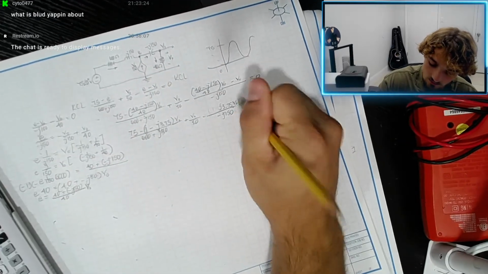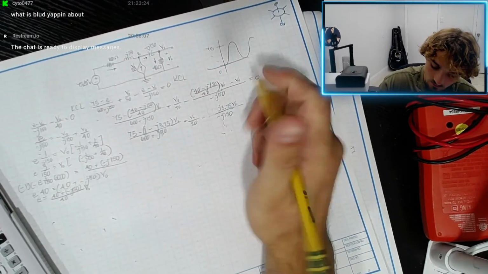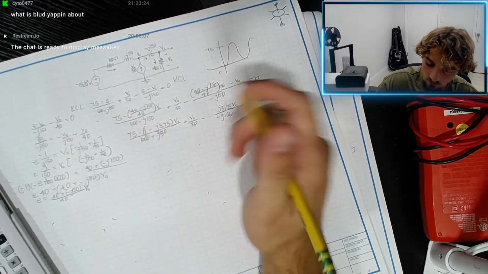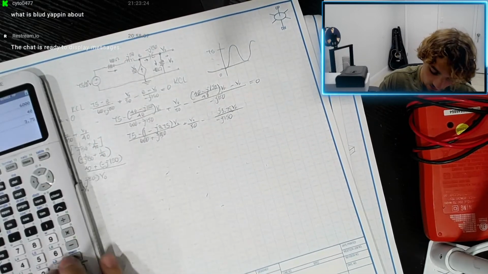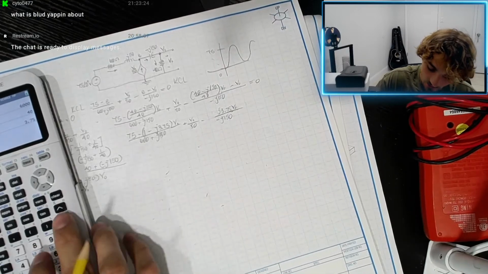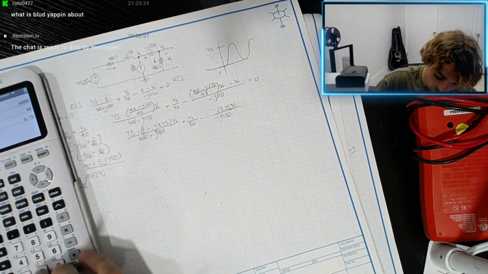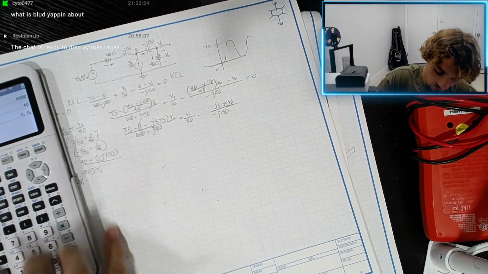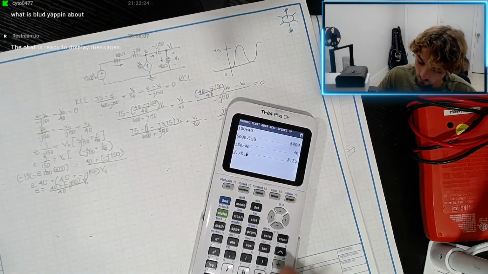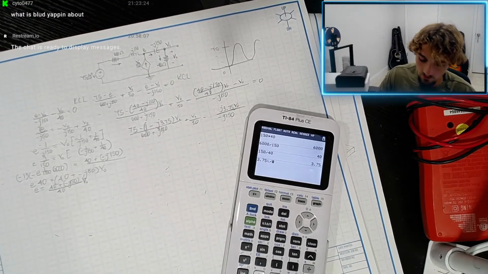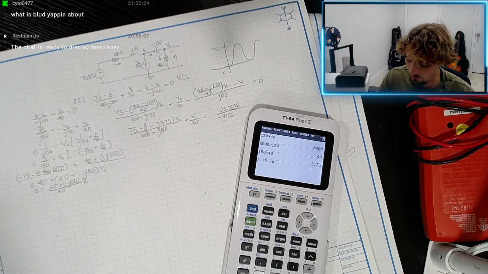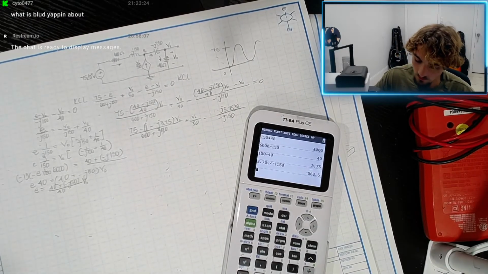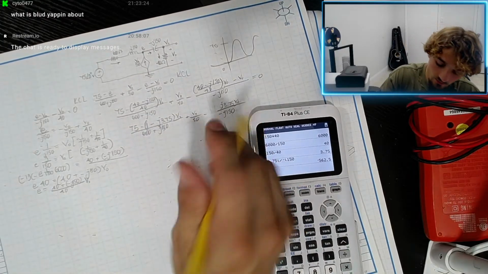Right, so j 150. I think that would just be a real number. Let me put it in though. So 3.75 divided by, wait, what? Negative j 150. Negative 562.5.